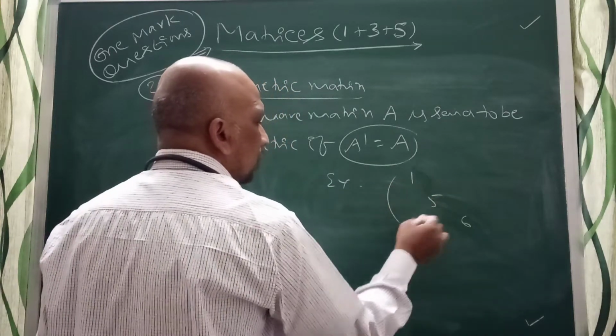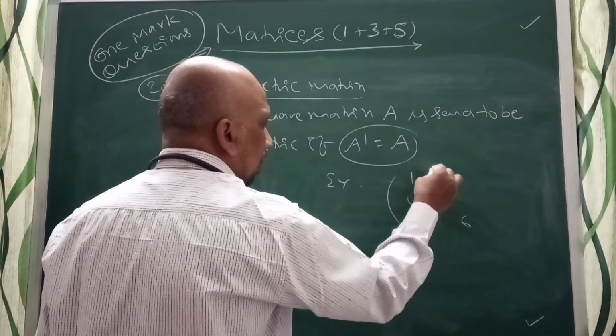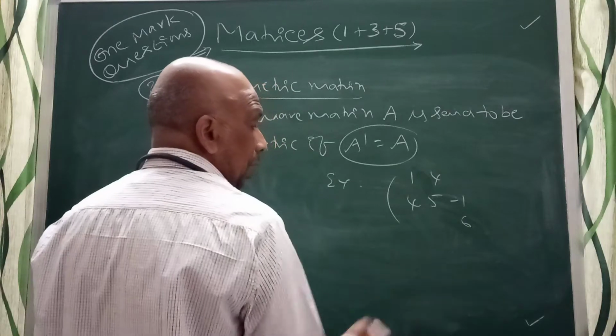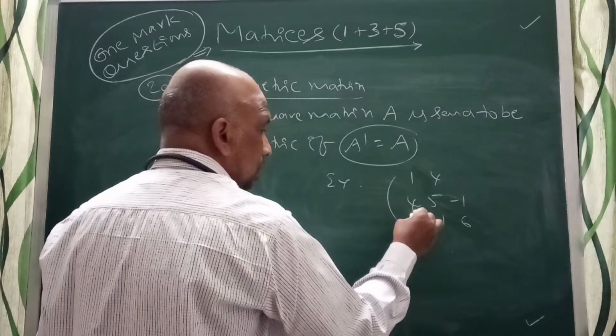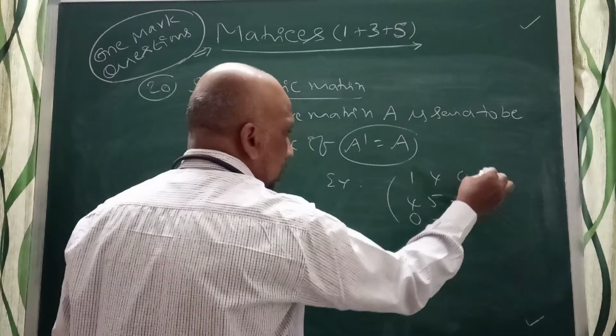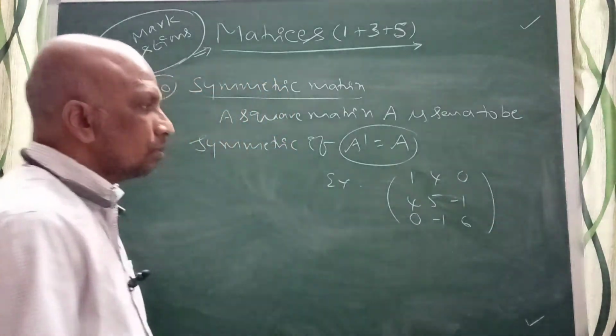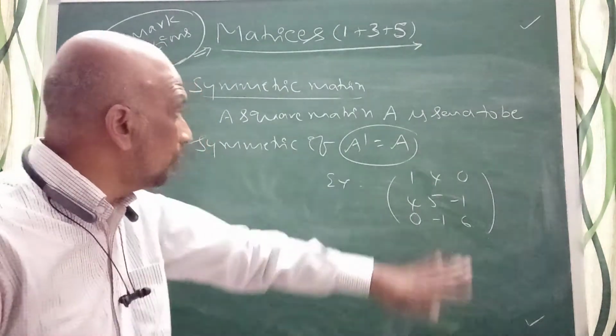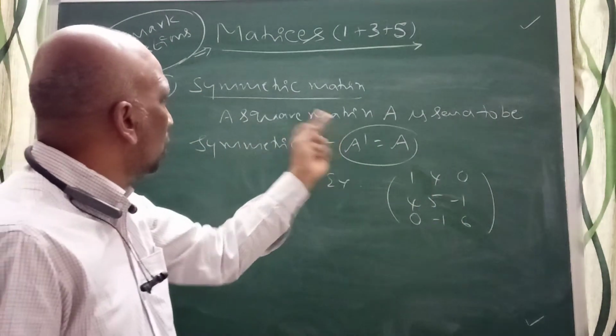If I write 4 here, I will write 4 here. If it is minus 1, I should write the same element, minus 1. If you write 0 here, write 0 here too. These two should be same, these two should be same, these two should be same. This is called a symmetric matrix.